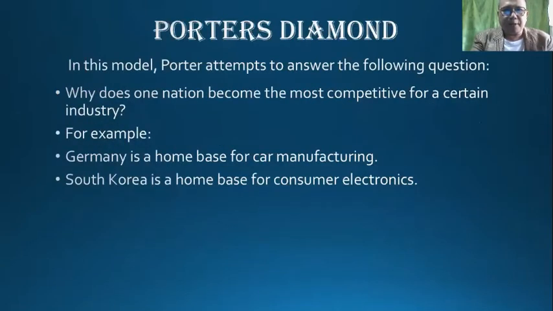Next, Porter's Diamond in this model, no? Porter attempts to answer the following question: why does one nation become the most competitive for a certain industry? For example, Germany is a home base for car manufacturing. So in Asia it's Japan, but in Europe it's Germany.